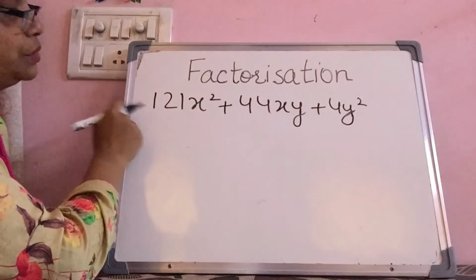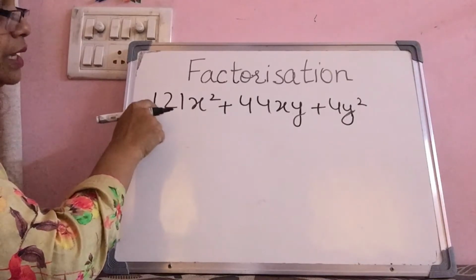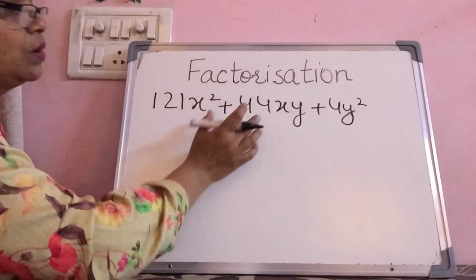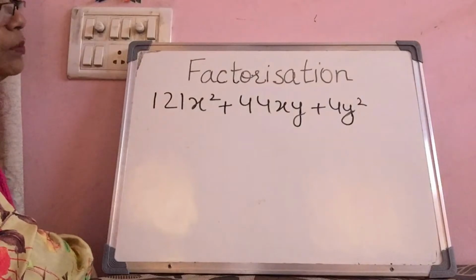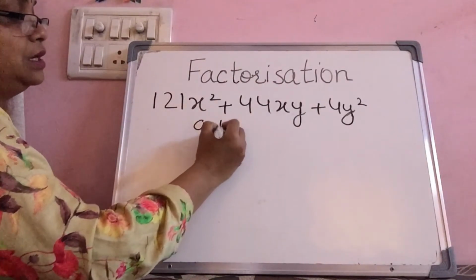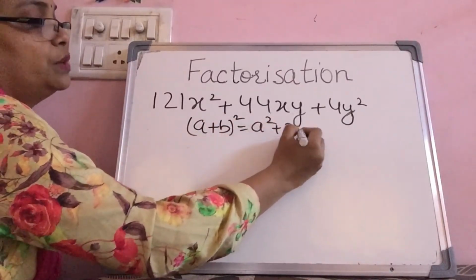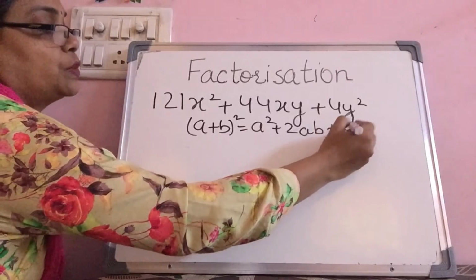Now if we have to do this question, it is very much clear from this question that there are 3 terms and all the terms are positive. So we'll be using first identity, that is a plus b whole square is equal to a square plus 2ab plus b square.